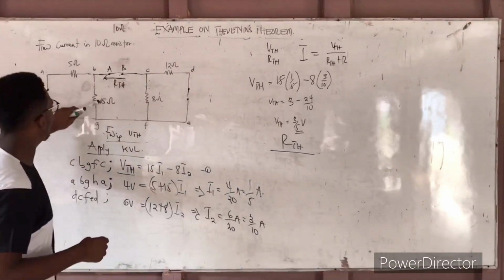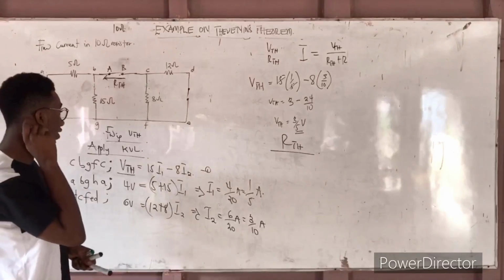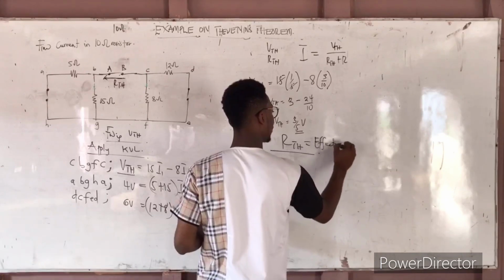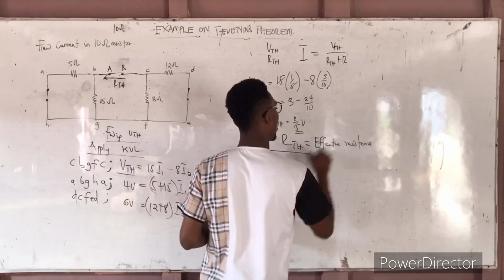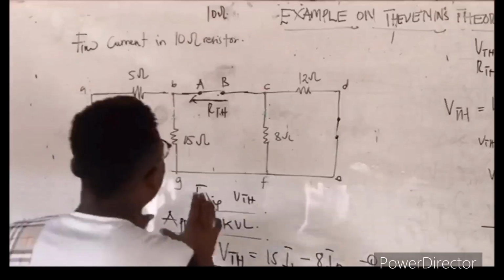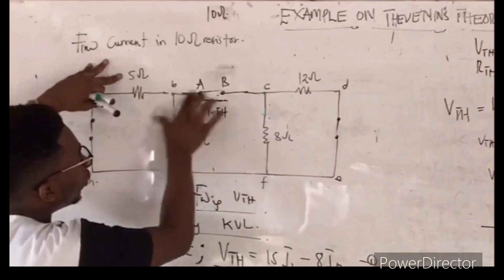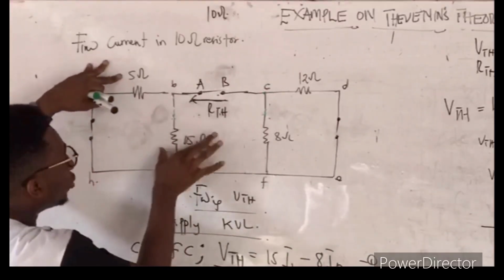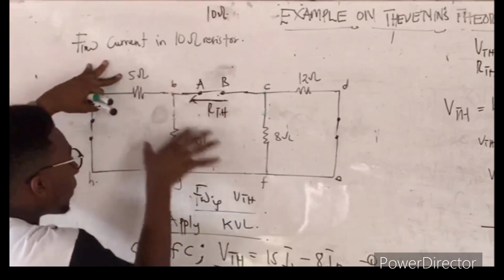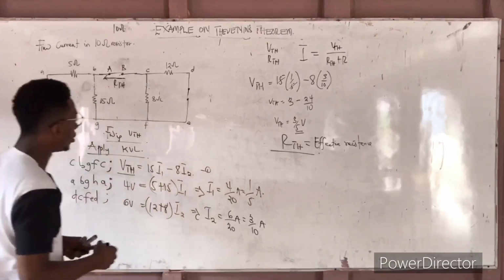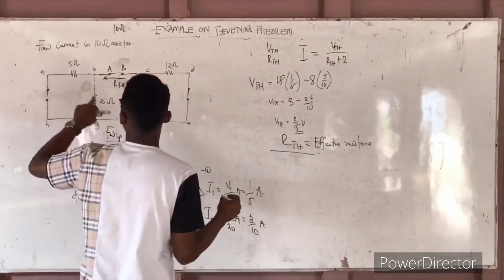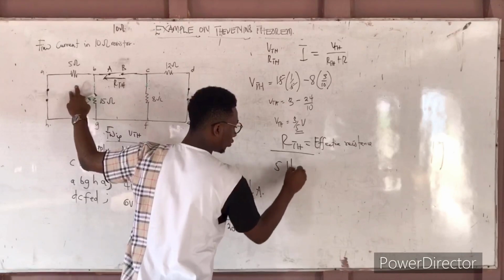We have 4 resistors left. So the Thevenin resistance here is simply the effective resistance of the resistors left. To find the effective resistance, you realize that 5 ohms and 15 ohms, because there is a junction here, different current passes through, and because we experience the same voltage, they are parallel to each other.